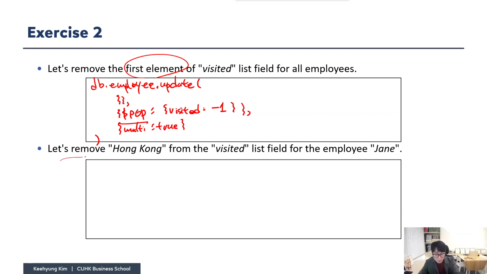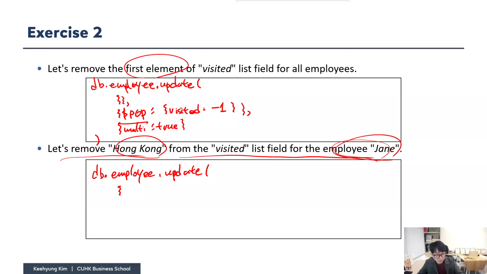Second one, let's remove Hong Kong from the visited list for employee Jane. So we found out later that Jane actually never went to Hong Kong. So we want to remove Hong Kong from the visited list, and then we can use the pull operator in this case. So again, db employee update function. And we only want to do that for Jane. So we have to make a query that finds the document with the name Jane.